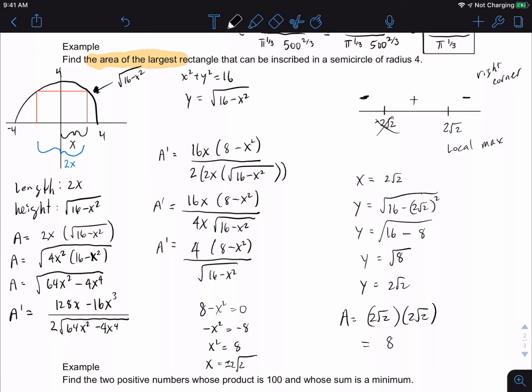Okay? So we do have to read and see what the problem is asking for. And the largest area rectangle that we can find that's inscribed in this has an area of 8 units, whatever those units are, right? And they should be squared.